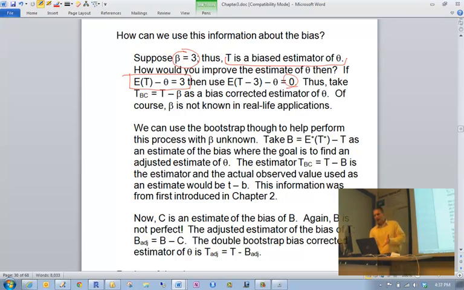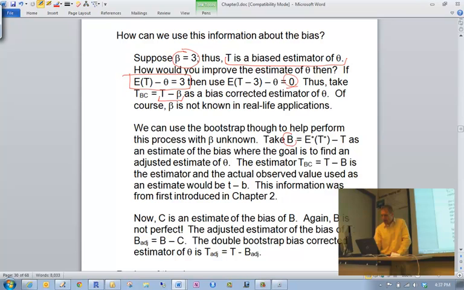So then what that means is that we are saying, let's let our estimator be T minus beta, or you can say T sub BC. Not for builder crisp, but for bias corrected. It's a bias corrected estimator of theta. The problem is we don't ever know beta in the real world. Actually, we will know beta coming up. We will not typically know beta. So this is where then the bootstrap comes in.